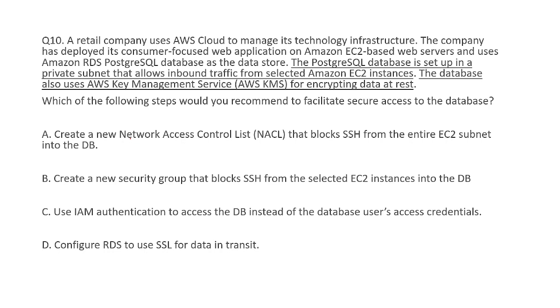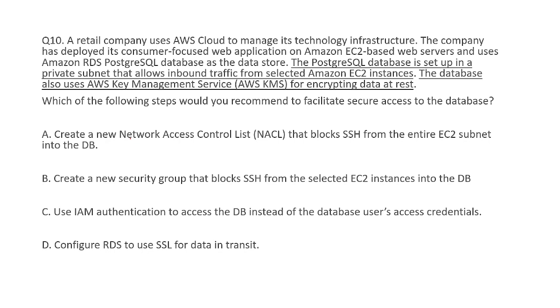A retail company uses the AWS cloud to manage its technology infrastructure. The company has deployed its consumer focused web application on EC2 based web servers and an RDS PostgreSQL database as a data store. The Postgres data store is set up on a private subnet that allows inbound traffic from selected EC2 instances.